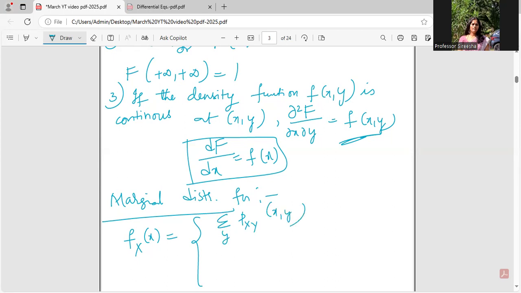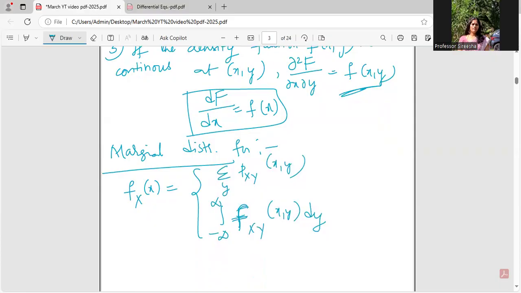Okay. And here it would be minus infinity to plus infinity, small f x y dy. Okay. Yeah, y is varying. In the above also, y is varying. This is for discrete and this is for continuous.